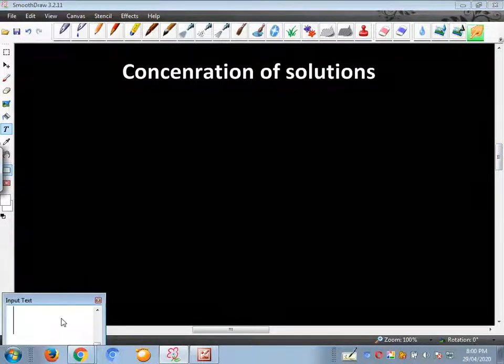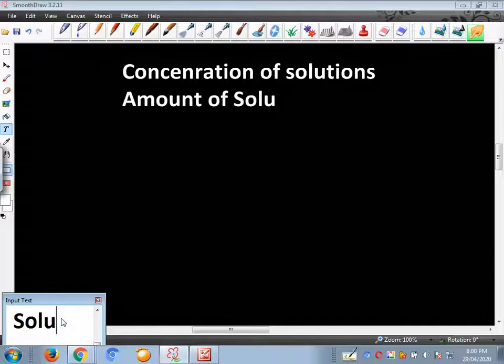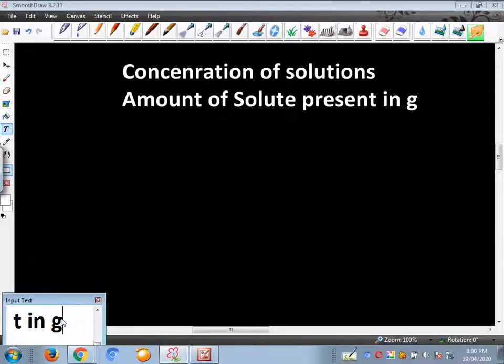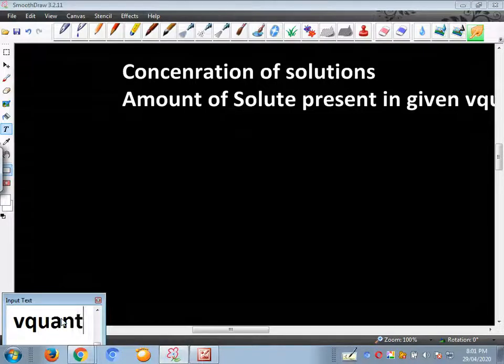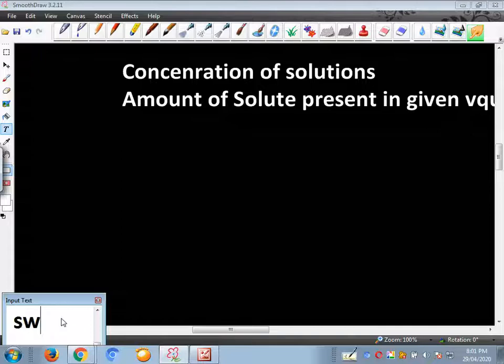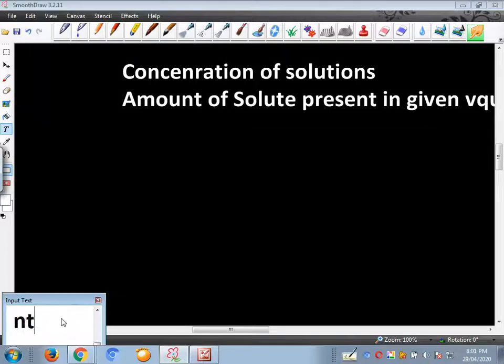Concentration of solutions is nothing but the amount of solute which is present in a given quantity of solvent. I think you can understand.